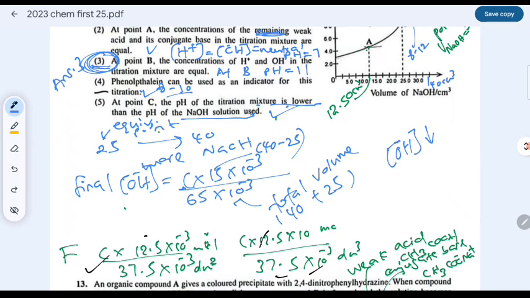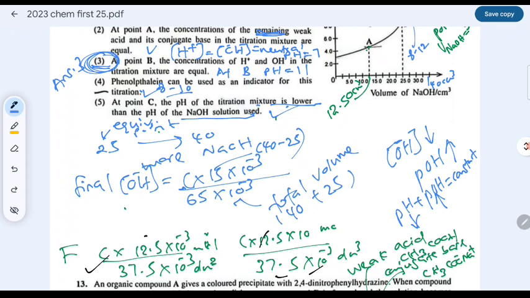Final OH minus concentration is lower means pOH is high. Then pH plus pOH is a constant. So if pOH is high, pH should be less. Therefore, the pH of the titration mixture is lower than the pH of the sodium hydroxide solution.